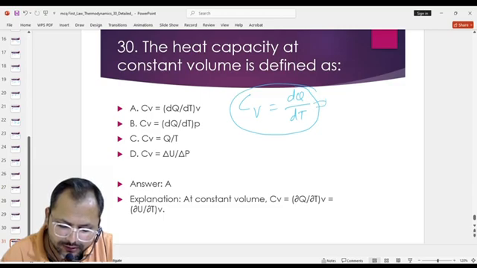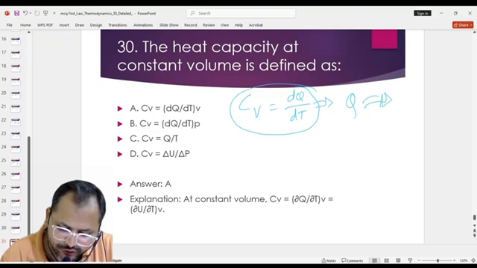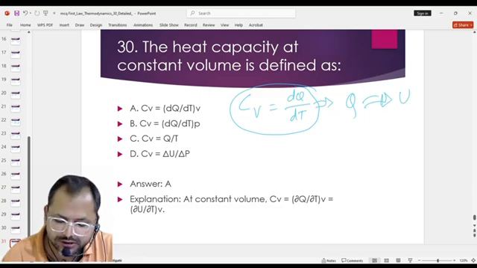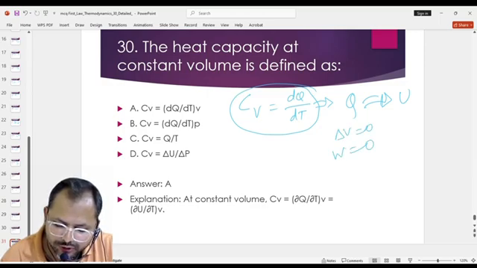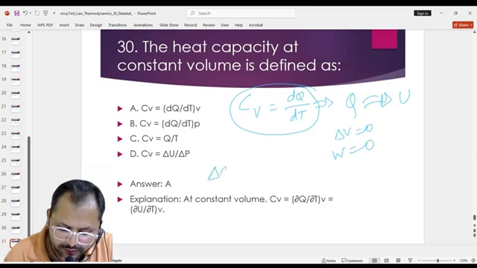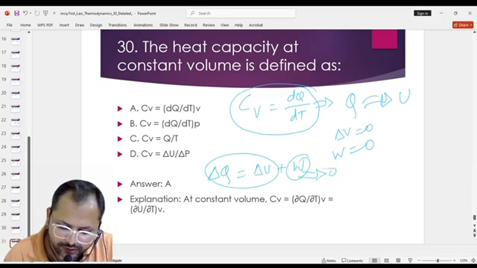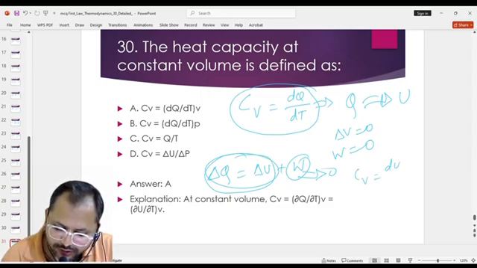We can replace Q by U because in a constant volume process, change in volume is equal to 0, that means work done equal to 0. So by the first law, delta Q equal to delta U plus W, W equal to 0, so Q can be replaced by U. So the formula becomes Cv equal to du upon dt.